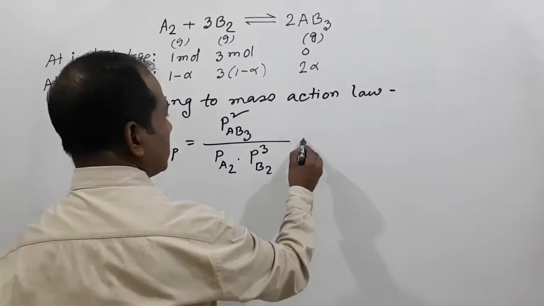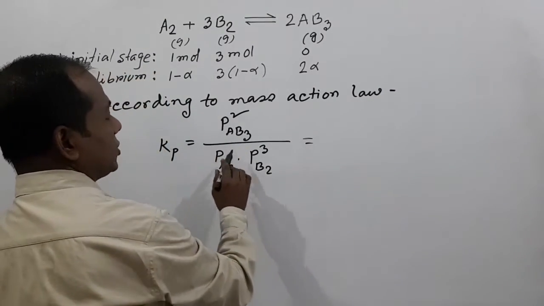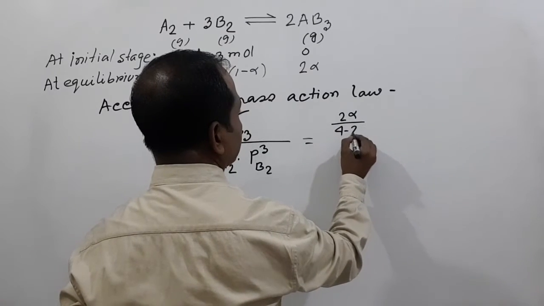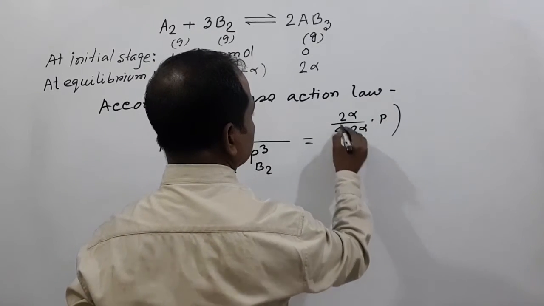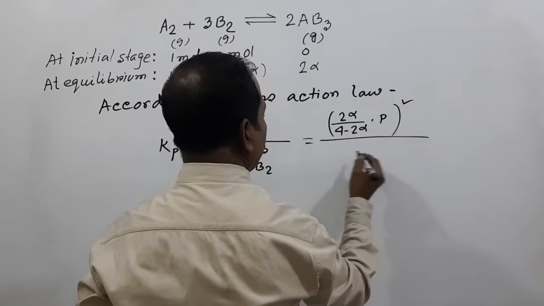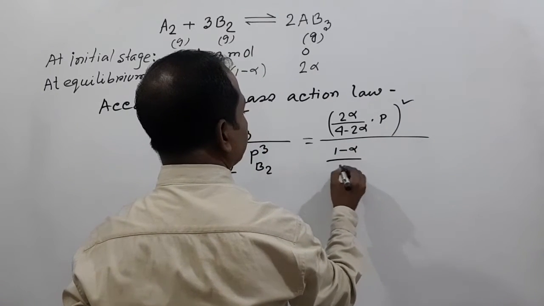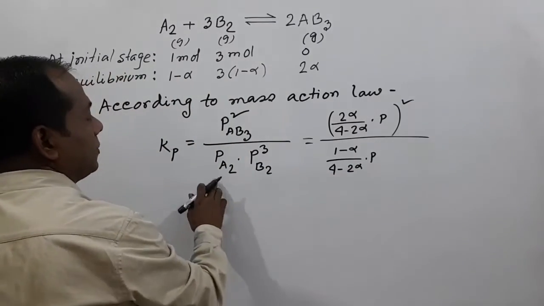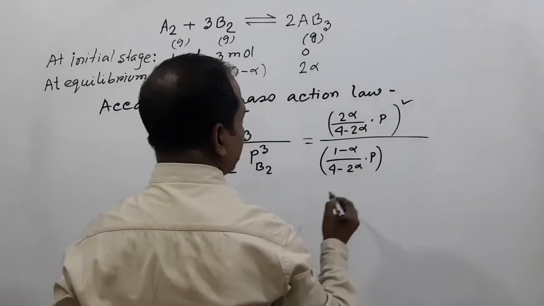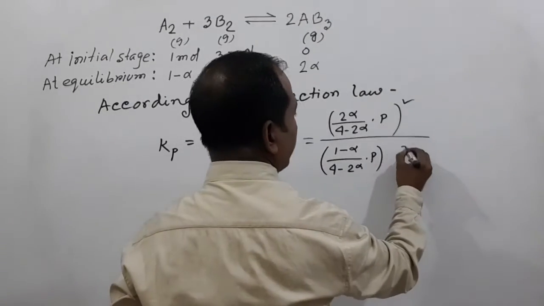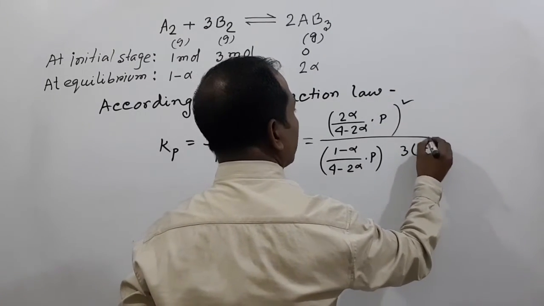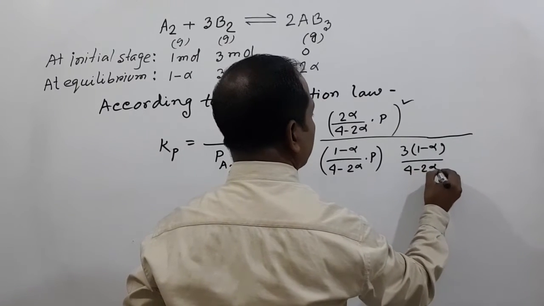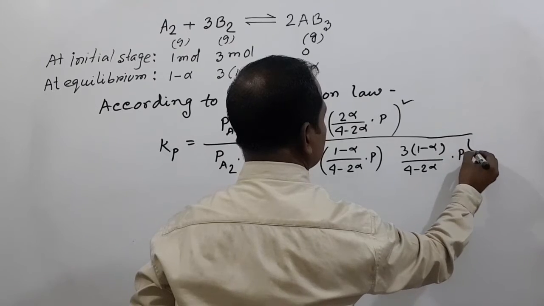Now the value of PAB3 is 2 alpha divided by (4 minus 2 alpha) into P, whole squared, divided by (1 minus alpha) over (4 minus 2 alpha) into P, which is the partial pressure of A2, and the partial pressure of B2 is 3 into (1 minus alpha) over (4 minus 2 alpha) into P, whole cubed.